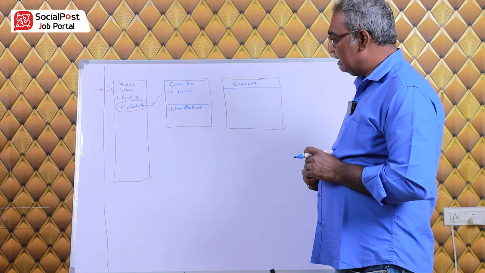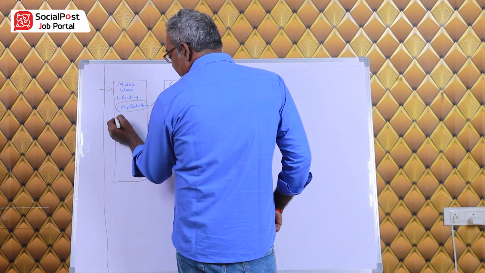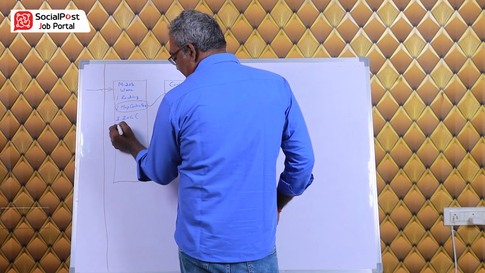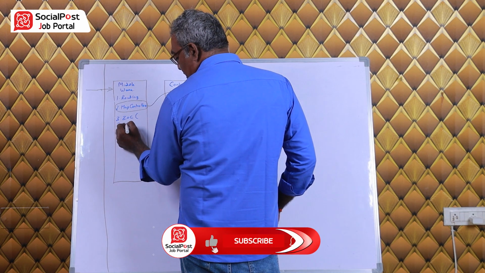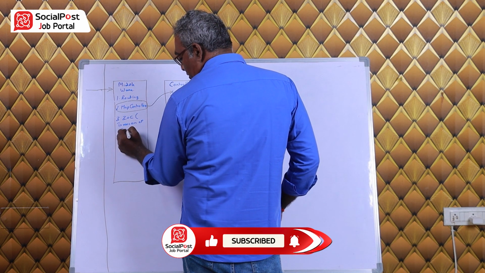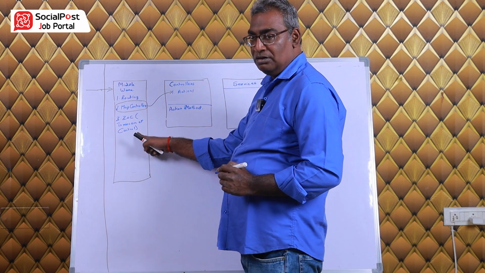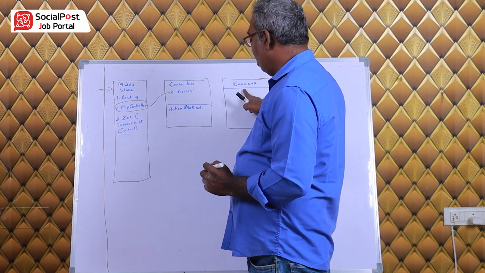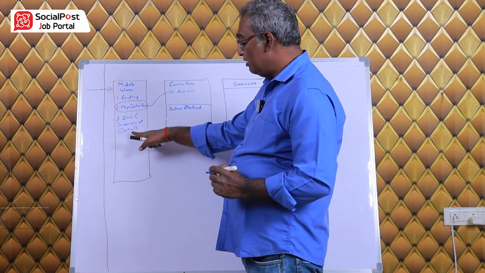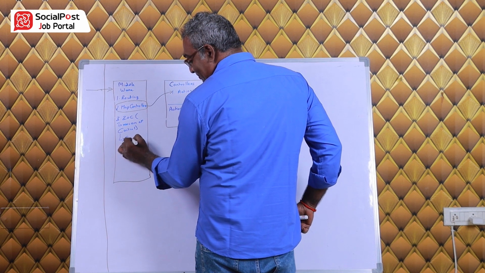In ASP.NET Core MVC, you will have a concept called IOC, which we call inversion of control. For what are you going to use inversion of control? To create an object for the service class. The inversion of control will create the service object.